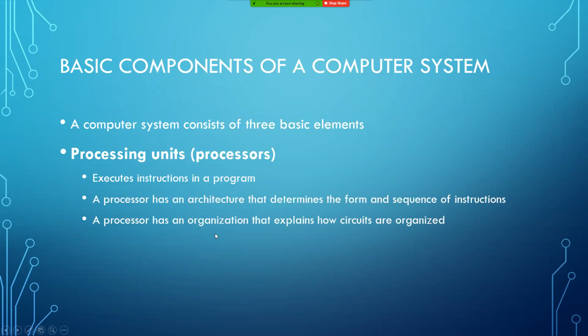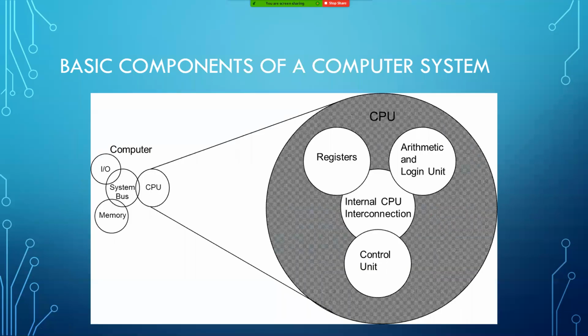If you think about the organization, of course it is the hardware part. We think about how the registers work, how many registers we have, what the names and locations of the registers are, how they interconnect, and how they work in the circuit. That is the organization of the processor. We will discuss every single thing one by one in this chapter.